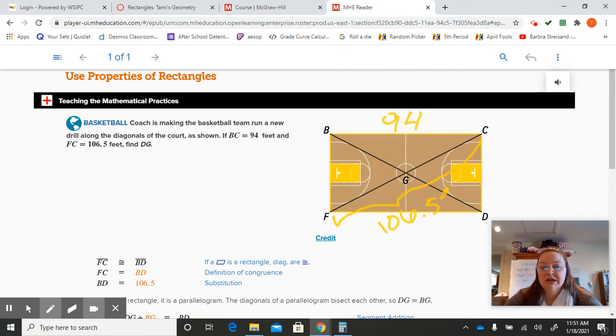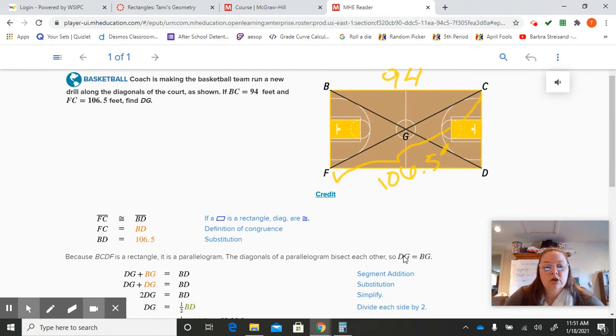Okay, because it's a rectangle, we know the diagonals are congruent to each other. We know that from B to D is the same length as from F to C. So we know BD is 106.5 as well. We're looking for G to D. So we're going to be looking at BD, which as we just stated is 106.5.